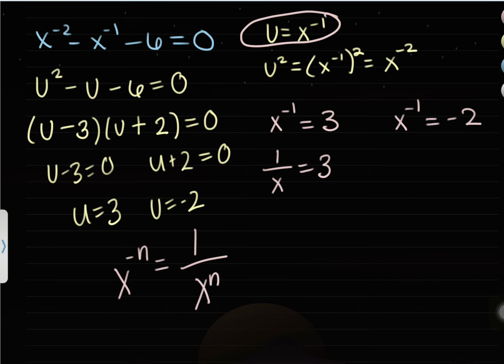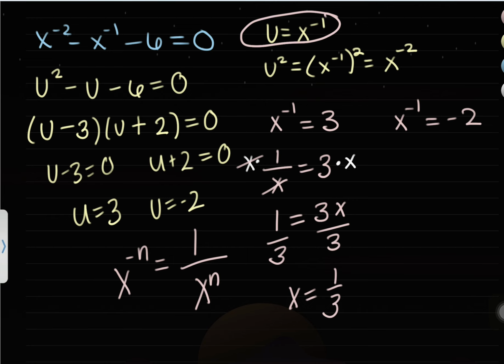Okay, so if 1 over x equals 3, I'm going to solve for x. I'm going to multiply both sides by x. That'll get rid of the fraction. So x times 1 over x is 1. 1 equals 3x. And then divide by 3. So x equals 1/3 is a solution.